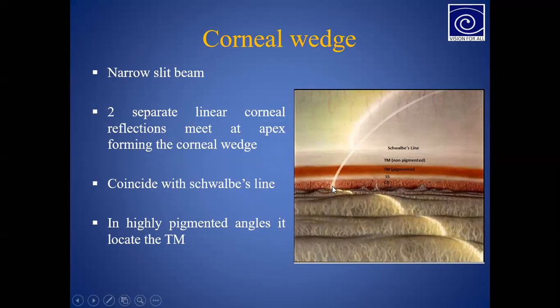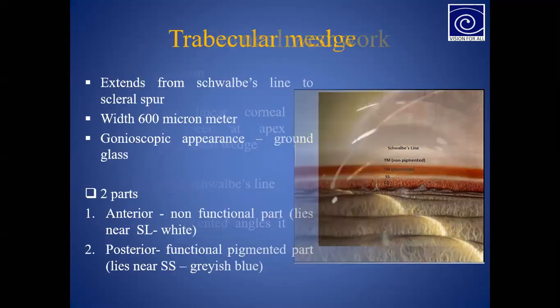The edges of this reflection are called the corneal wedge, and from here the angle of the anterior chamber will be visible. Depending on the color, we differentiate which line or structure of the angle is visible, and depending on that we diagnose whether the patient has a closed angle or open angle.